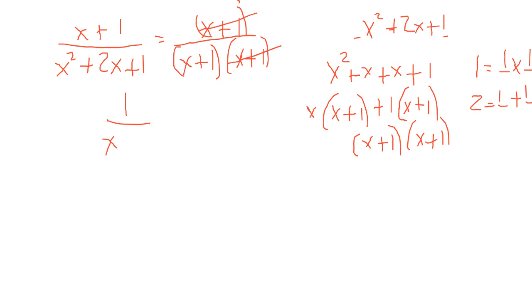So we're going to have 1 over x plus 1. So we've simplified this rational function. Think about how you could factorize the numerator or the denominator and check if something would cancel out.